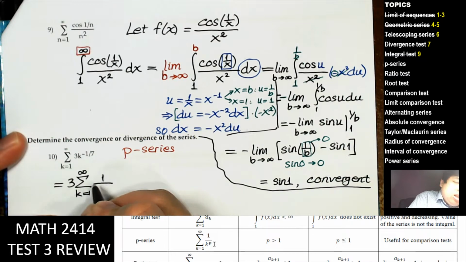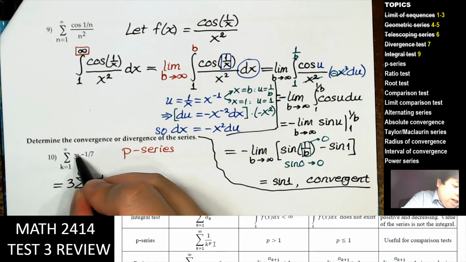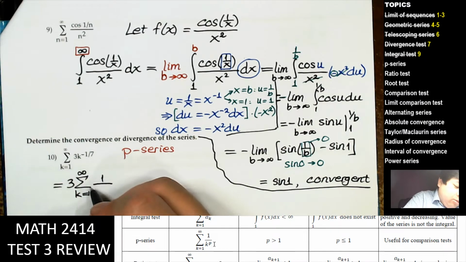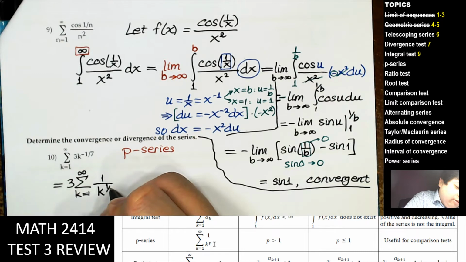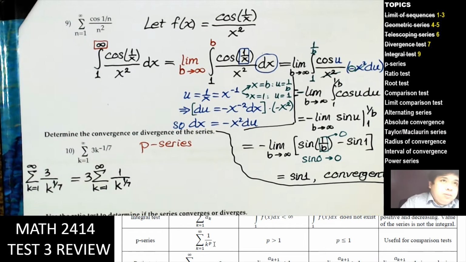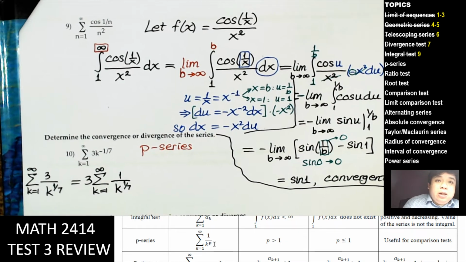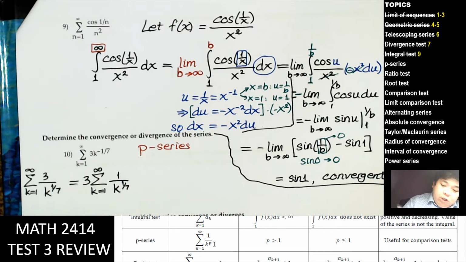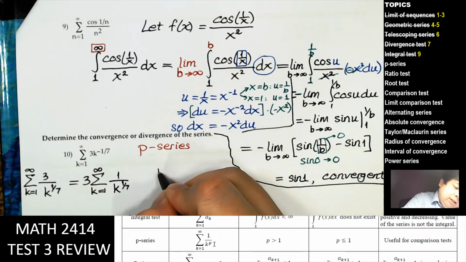We still just have 1 on the top, and then the k to the negative 1 over 7 moves down to 1 over 7. So this is the P series where P is equal to 1 over 7.